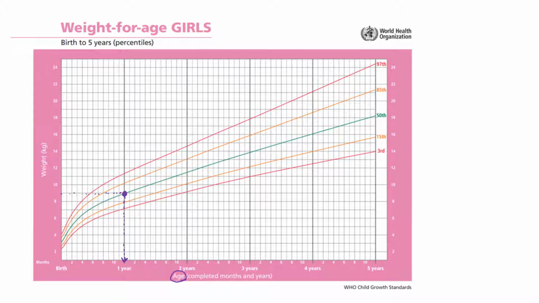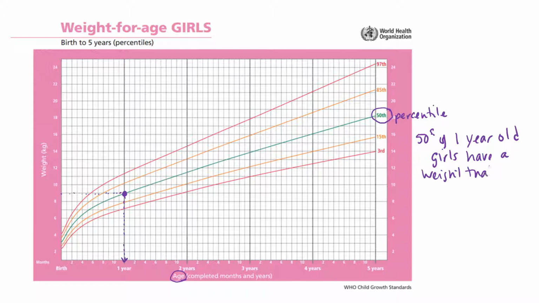Now, because it is on the green curve, it is called the 50th percentile. What that means is that 50% of 1 year old girls have a weight that is 9 kilograms or lower.